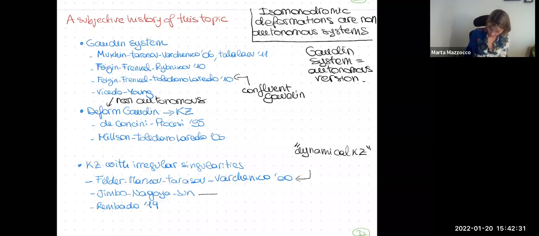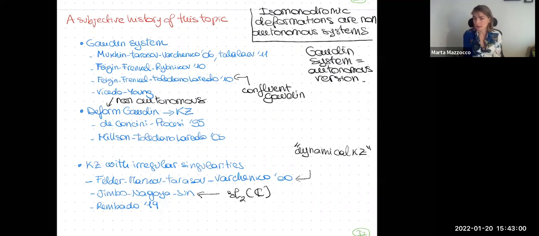Then there is the paper of Jimbo, Nagoya, and Sun, which is only in the case of SL2C, but in fact here finally we see any order of poles. And then there is also a recent result by Rembado, who generalized a result by Boalch, in which again we only have one irregular singularity of order 2, but for any simply laced Dynkin diagram.